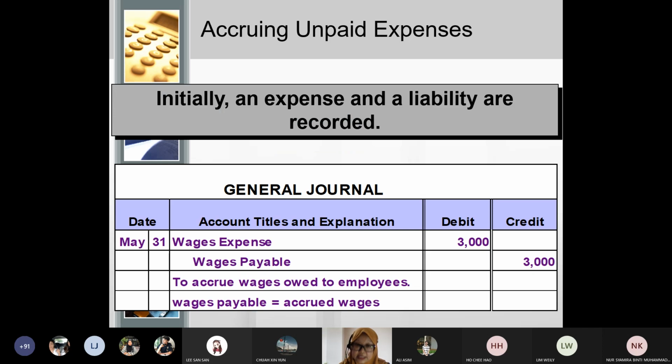In this case, the company will have to debit the expense account, which is the wages expense incurred, 3,000, and credit the liability account, which is wages payable or accrued wages, 3,000, because it's a liability.